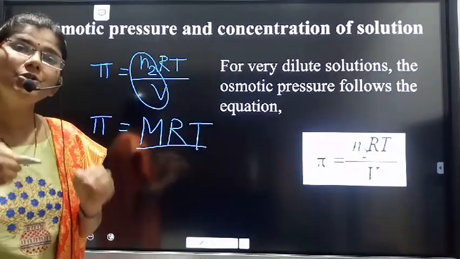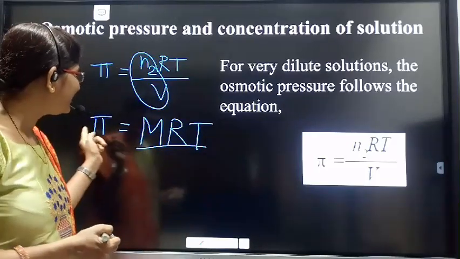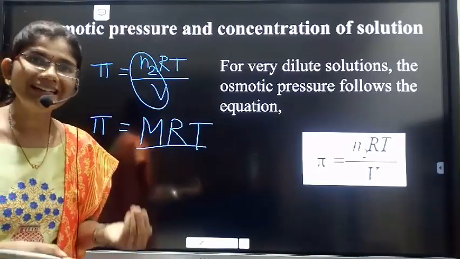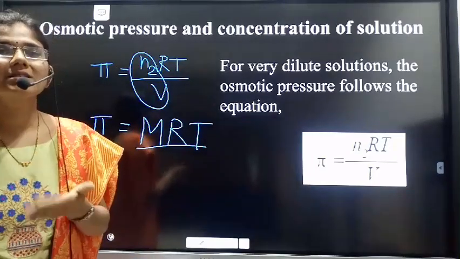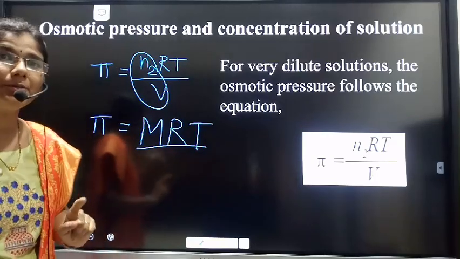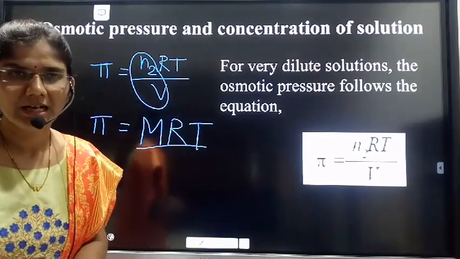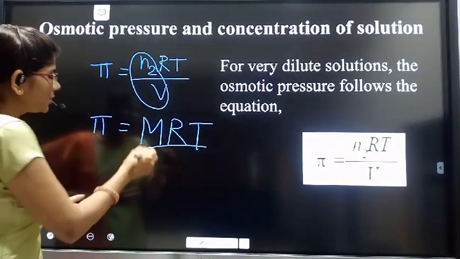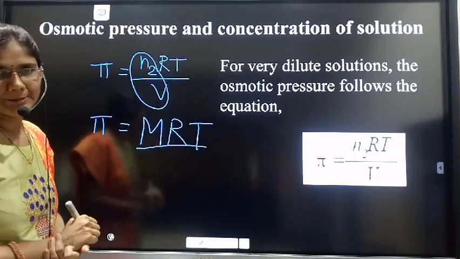And why do we use the term molarity in the osmotic pressure? Because here molarity is taken at a constant temperature, meaning the osmotic pressure is calculated at a constant temperature, and therefore instead of molality, we use molarity.